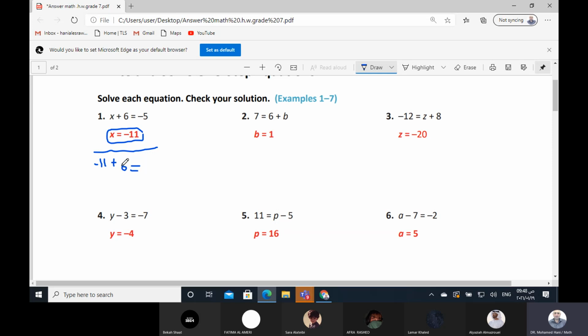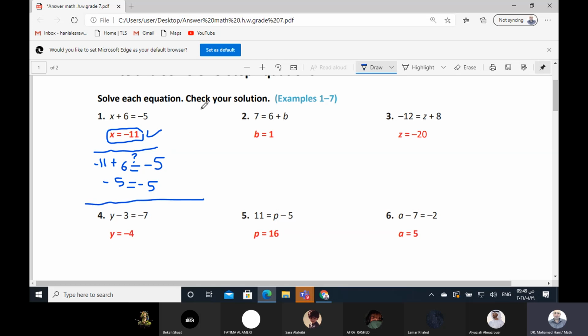Is it minus 11 plus 6 equal minus 5? Now, minus 6 plus 11 will be minus 5. So, right, minus 5 equals minus 5. This is the true solution.